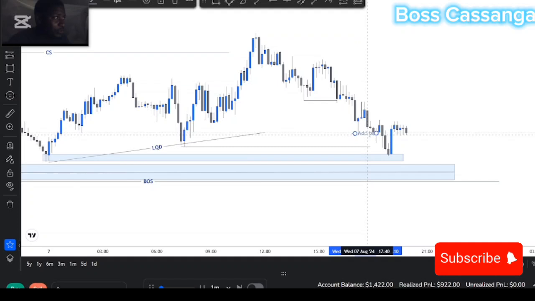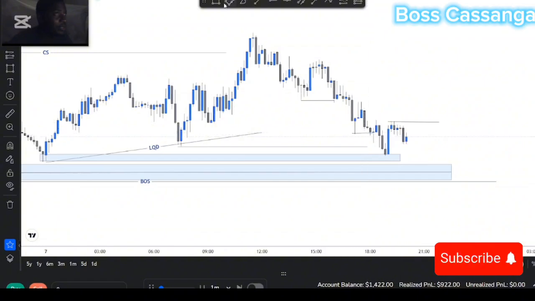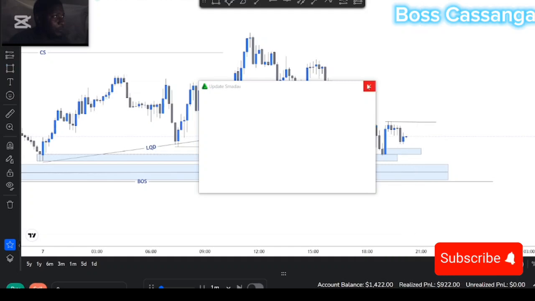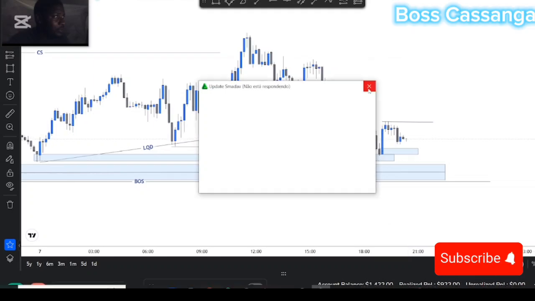You can see that the market is wanting to come here, or it might not also want to come there. We have this demand zone just here, hoping that the market might break that zone. If it breaks that zone, it will tap in this zone and I'll take a buy from this zone, because that will be liquidity taken out from there.